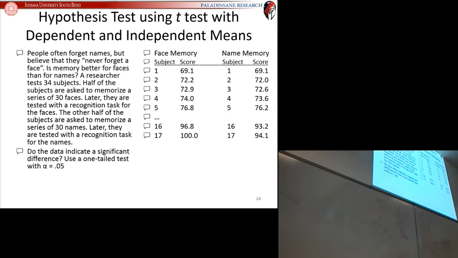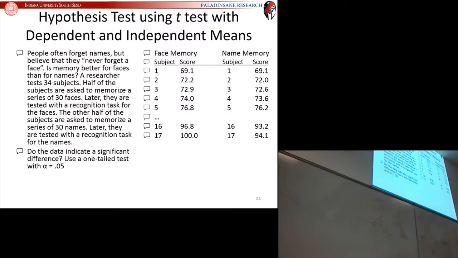So we're doing one-tailed because we're testing whether faces are better remembered than names. In this case, we're looking at this situation here, and we have subjects that are measured once. They memorize things, and then we see how well they recall those. So they're measured once, and then we have two distinct samples. One half of the subjects memorized faces, the other half of the subjects memorized names.